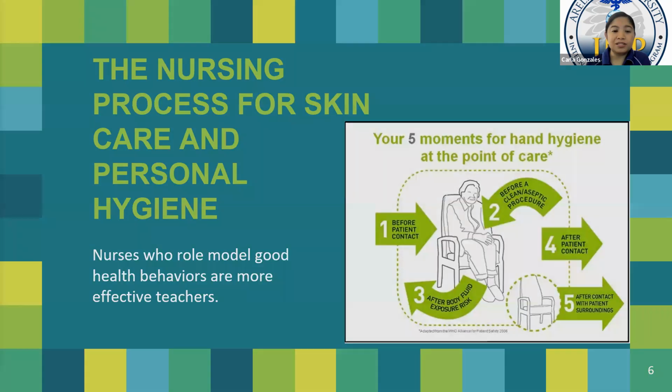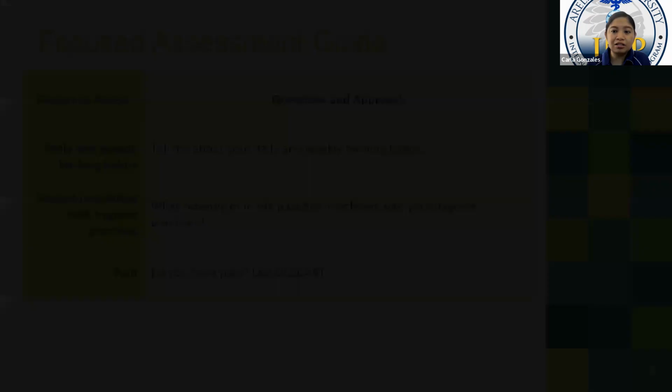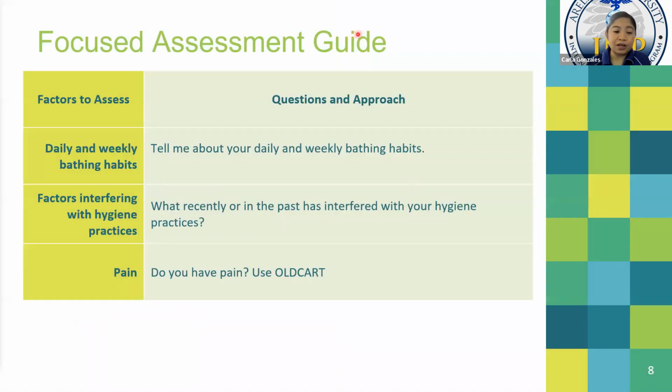So assessing, part of the nursing history is to assess those factors that we have discussed earlier. So these are some questions you can ask your patients. Tell me about your daily and weekly bathing habits. You can ask the patient to describe what his usual habits are in terms of hygiene, then factors interfering with hygiene practices.